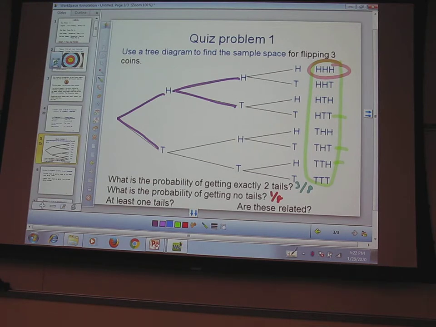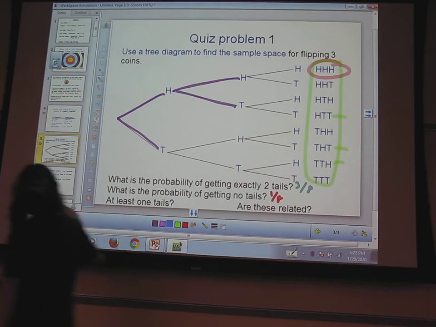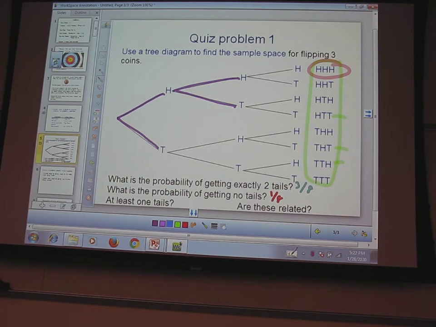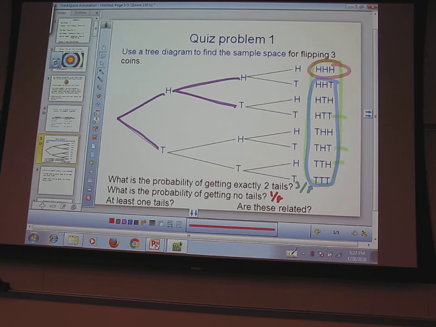All right. So at least 1 tail means how many tails? 1 or more. 1 or 2 or 3 in this case, right? Because there's 3 possibilities. So it's all of these guys have 1 or more tail. What's the probability? 7/8. Are those last 2 related?